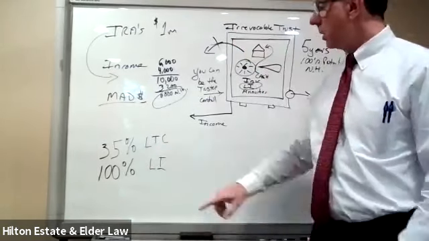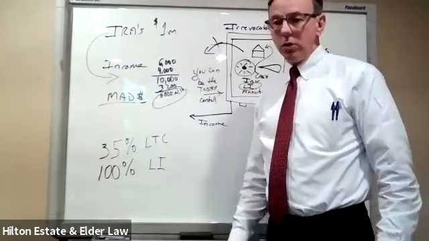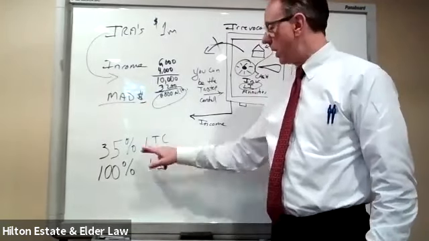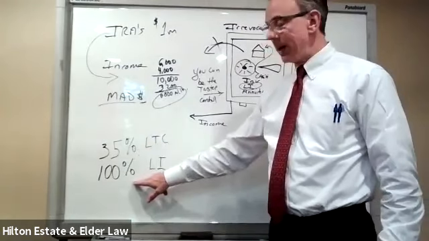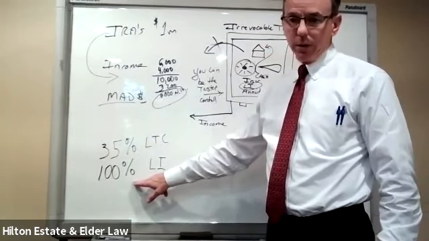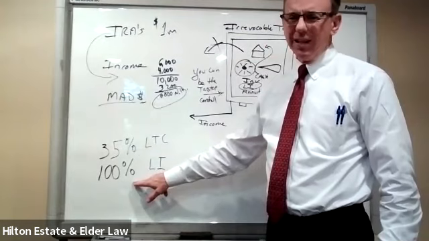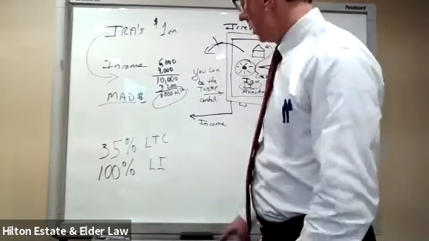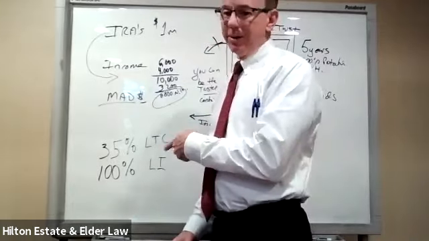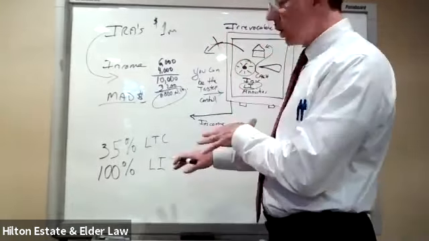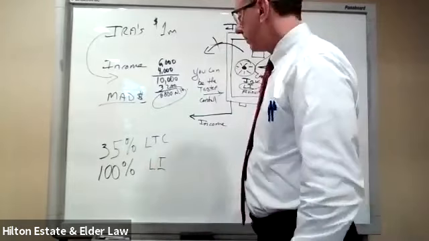What's the difference? Well, the chance that you're going to use enough long-term care to pay yourself back is about 35%. The chance that you're going to die and collect on life insurance is somewhere around 100%. I don't know anyone that has escaped dying, but pretty clearly, this is a good bet.